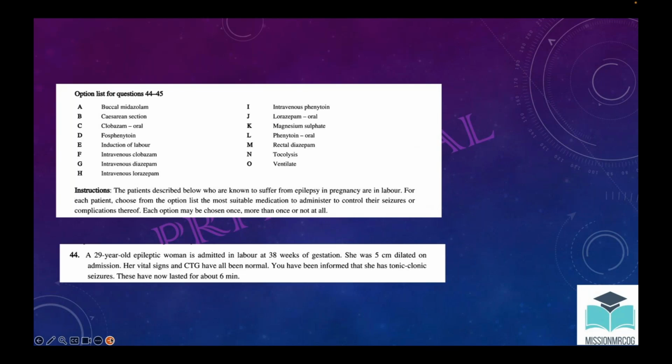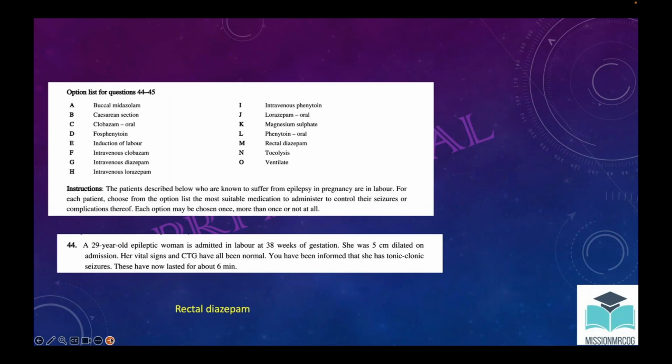Ideally the answer is F if the question mentions that IV access is there. The question doesn't mention anything, so quickly we will consider rectal diazepam.